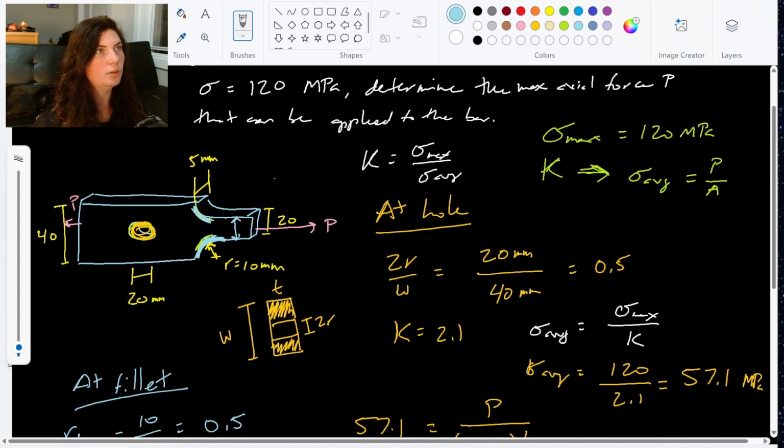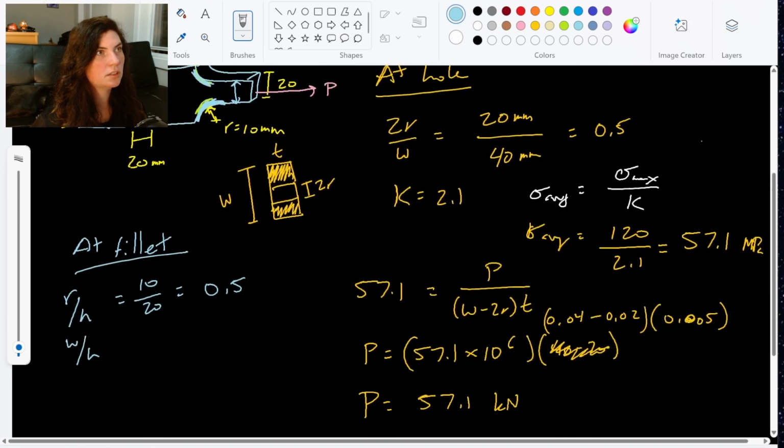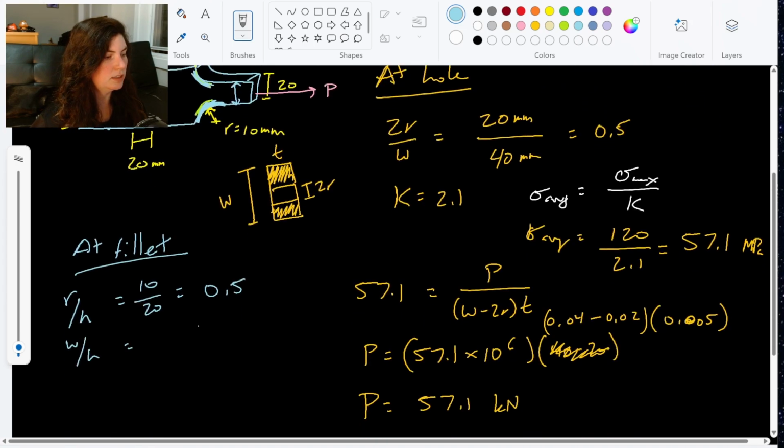And then my W over H is the full width, so that's the 40 we found before, over H, which is 20. 40 over 20 gives me 2.